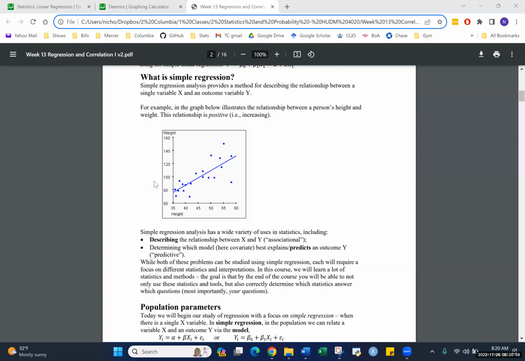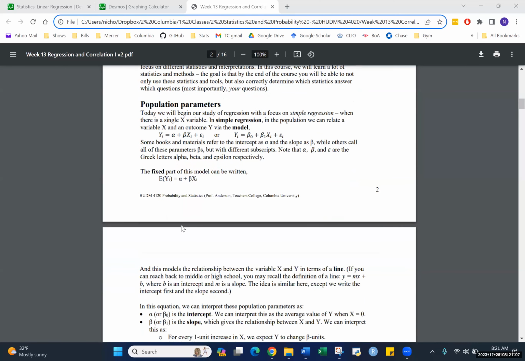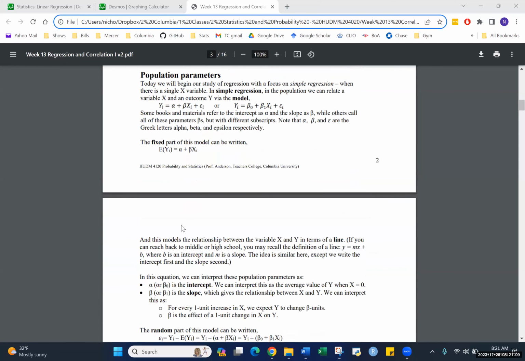And so describing or predicting are the two main reasons why you're going to use regression models. And you can also use regression models for causal inference, but that is a more advanced topic, which we won't have time to cover today. I'll just say now that, as the old saying goes, correlation is not causation. So causation requires a deeper set of stronger assumptions about how X and Y are related.